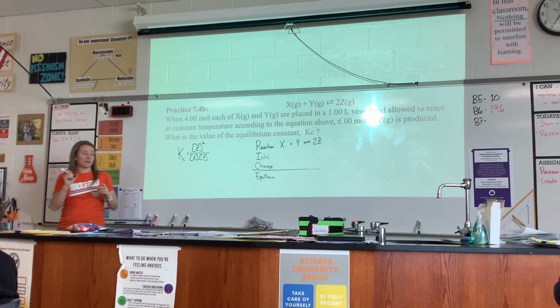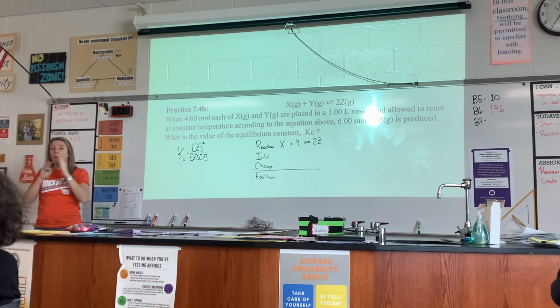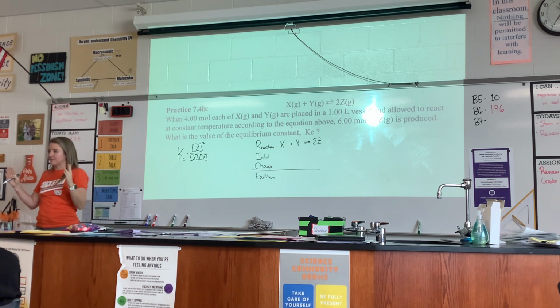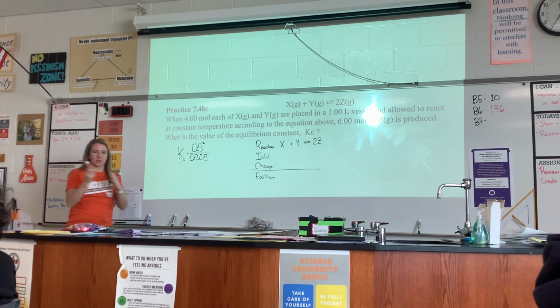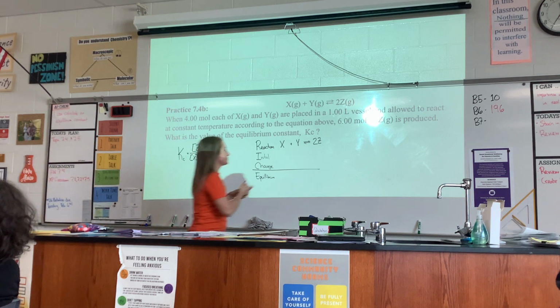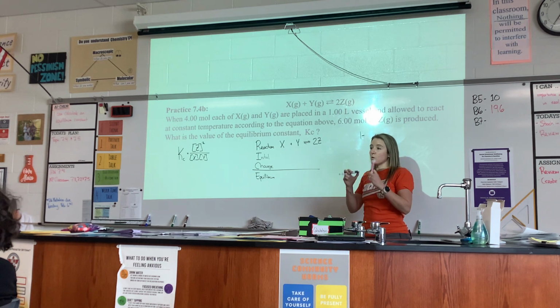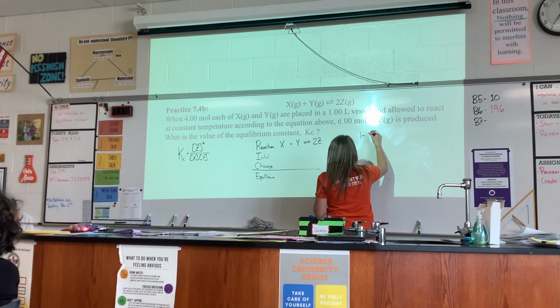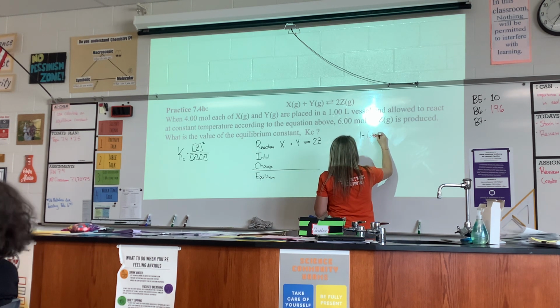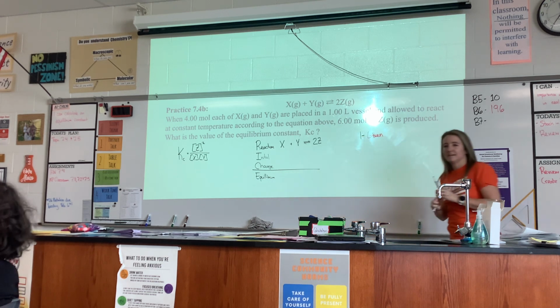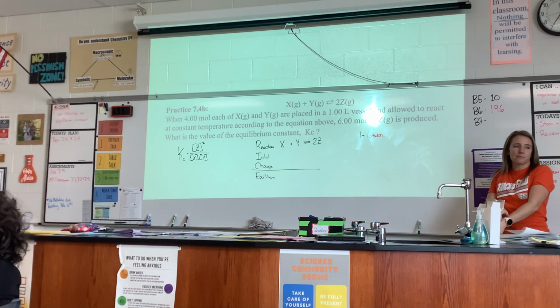All right, I'm now going to use different colors to show you the order in which you should fill in any RICE chart. If you want to match with me, you don't have to match the color, but you can use colors to coordinate. Step number one, once you have your RICE chart built, is to put in what is given. So I'm going to do these in red. We're going to write in everything that the problem gives me.